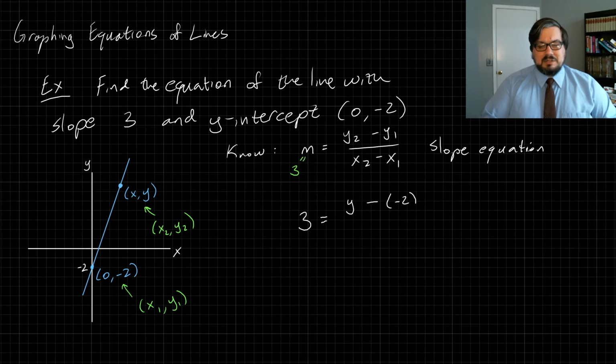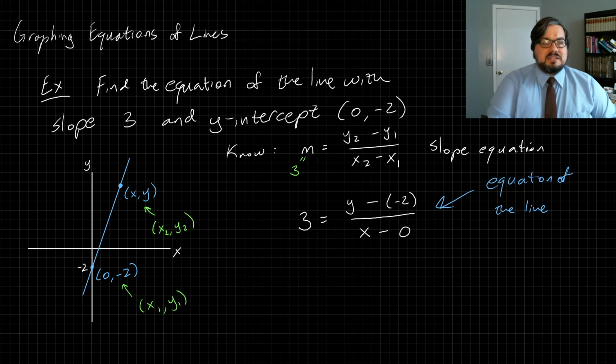Now y1 was -2, the y-coordinate of the y-intercept, over x minus x1, and x1 was 0. So we've got an equation now that relates x and y together. And it turns out that this is an equation of the line.